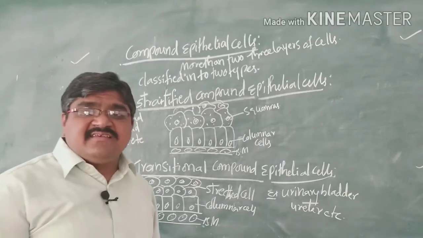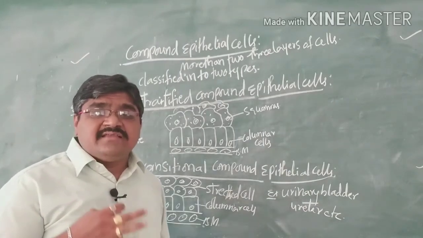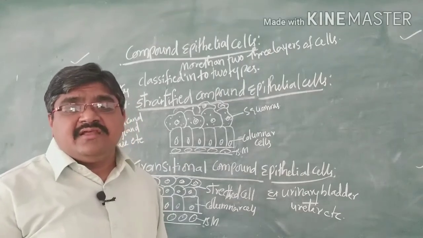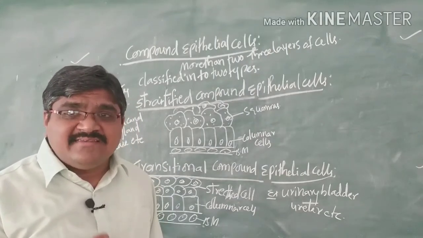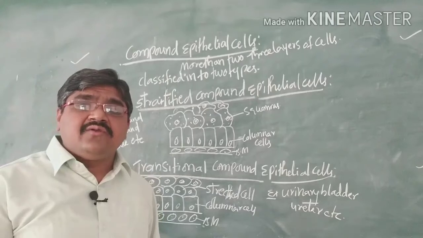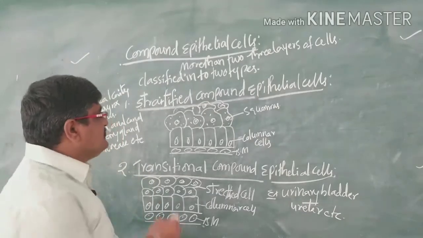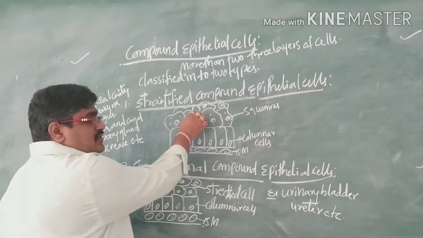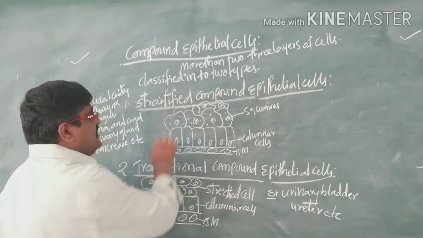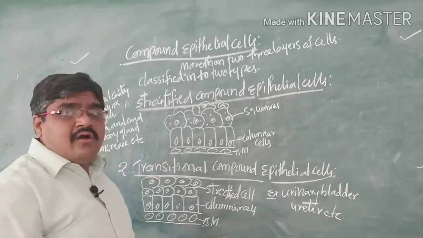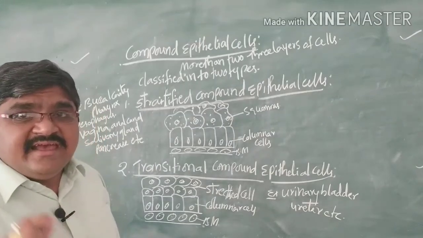Keratin means the cells consist of a protein called keratin. If the keratin is presenting, we call it keratinized layers, or else non-keratinized layers. Such type of cells having more than 2 to 3 layers of cells, we call them stratified compound epithelial cells.